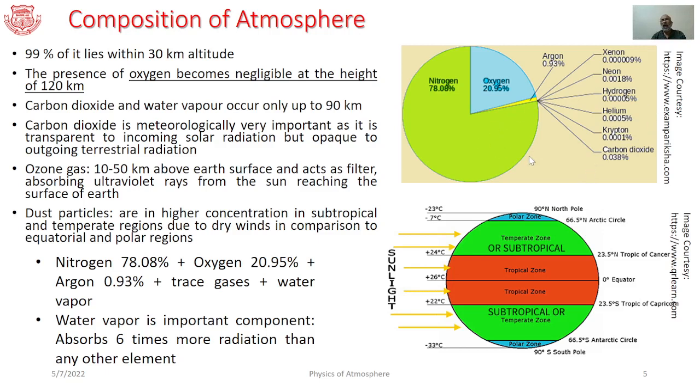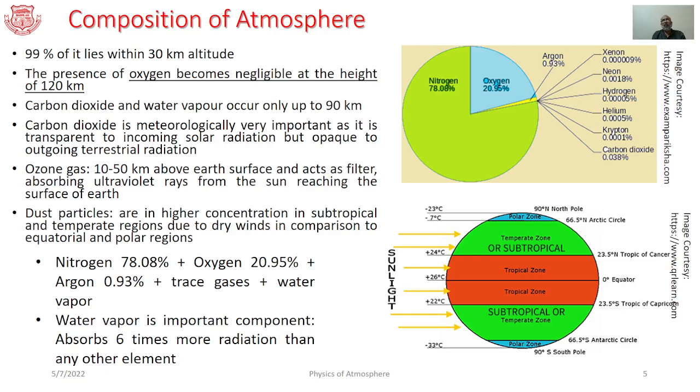So, as we tried to discuss on the last slide, most of the atmosphere that we wish to deal with is the troposphere and some lower belt of stratosphere. Hence, in the immediate context, we can consider the atmosphere lying within the 30-kilometer altitude.